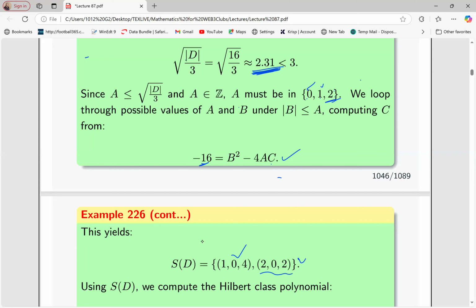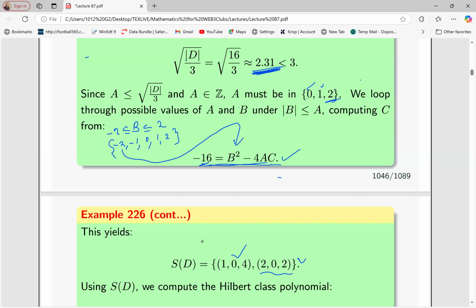So now B will be in the range negative 2 to positive 2. This range means negative 2, negative 1, 0, 1, and 2. You disqualify using this equation at every point. For instance, consider B being negative 2.